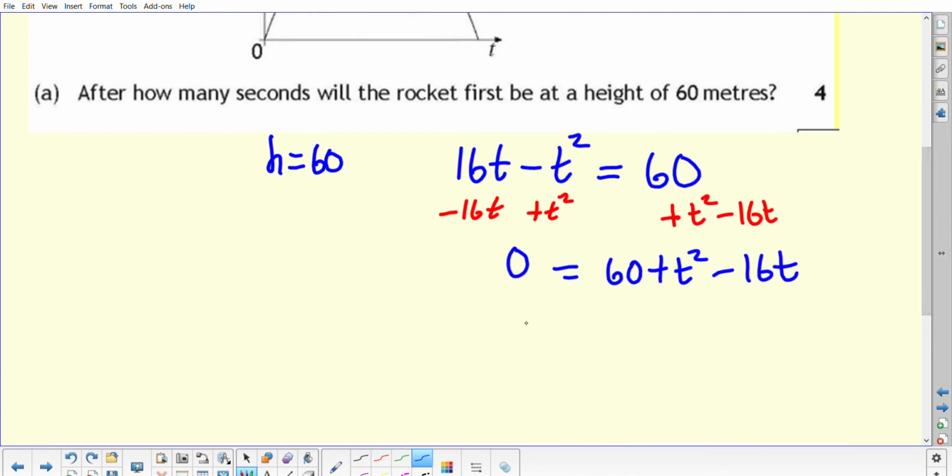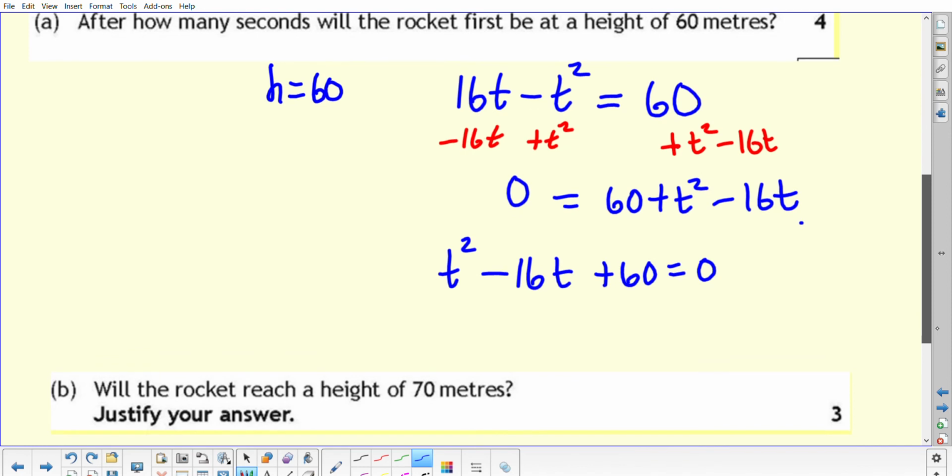Now I'm going to switch that round so that I've got all of that on the one side, and I'm going to put it in the order that I'm used to having. So I've got a positive t squared, I've got a minus 16t, and I've got plus 60 equal to 0, and I need to be able to solve that.